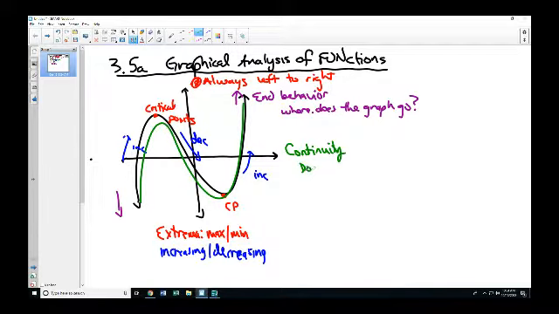So does the graph have breaks? That's the essence of continuity. We will study that more in depth tomorrow. So that's the pre-calculus graph analysis.